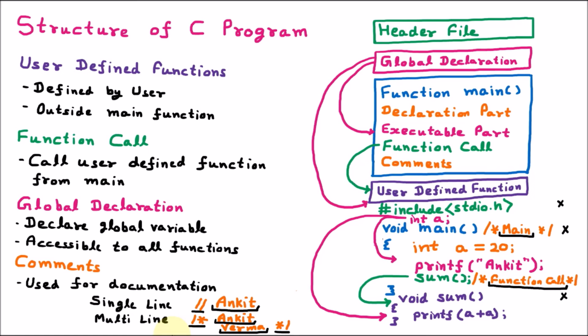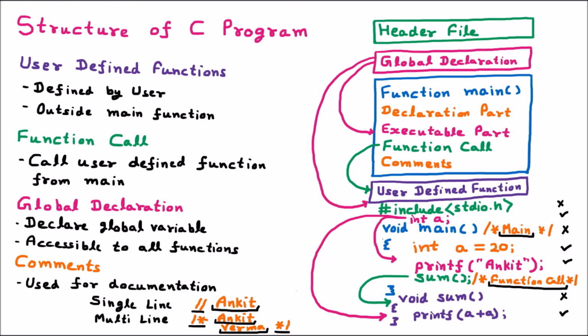But if you are declaring a global variable, then you need the semicolon. If you are declaring a local variable, or putting some kind of execution part or statement or code inside the main or inside the user defined function, they will have the semicolon. You should see where the semicolon is required.